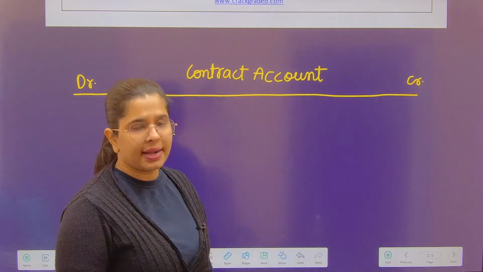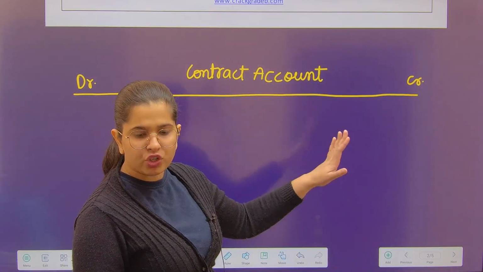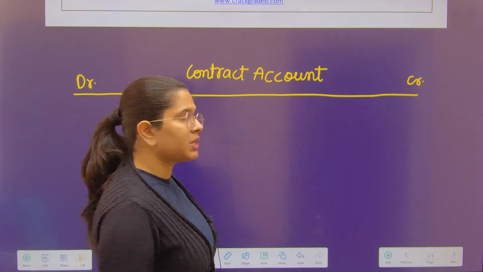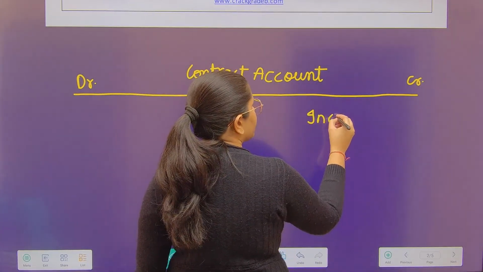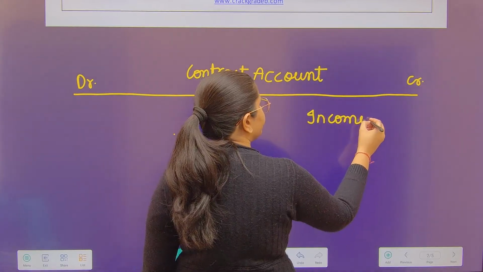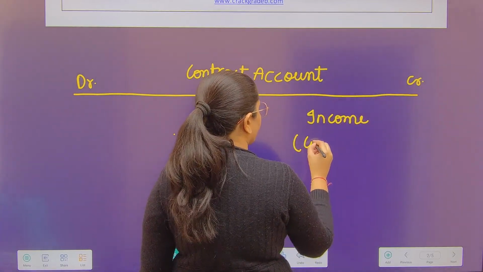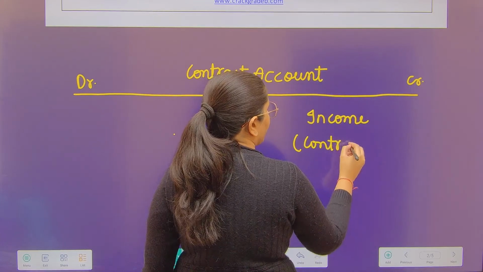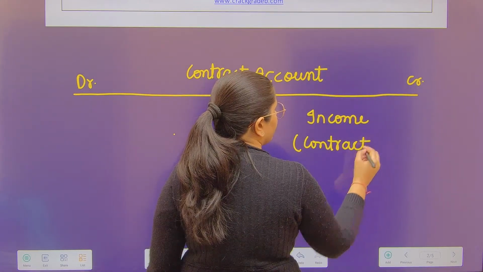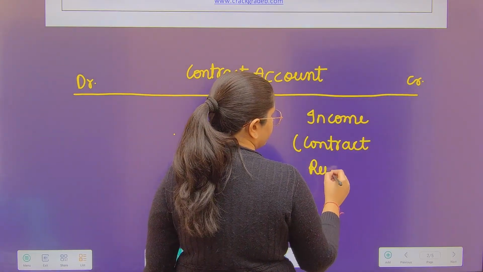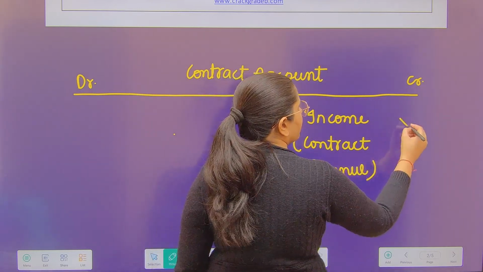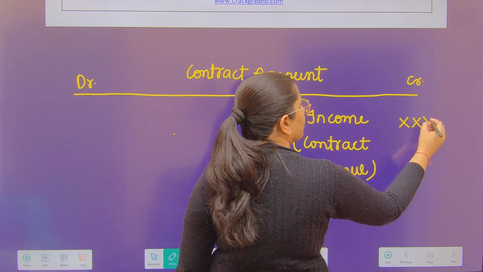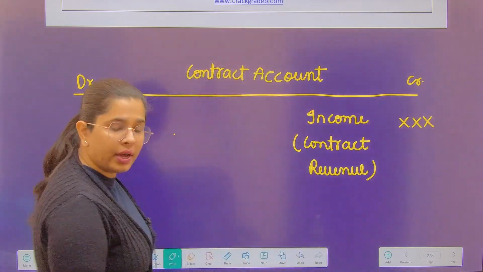In the credit side, I will receive the income which I am receiving out of this particular contract. So I will be writing all the incomes, or in short I can call it contract revenue. You will write it over here.